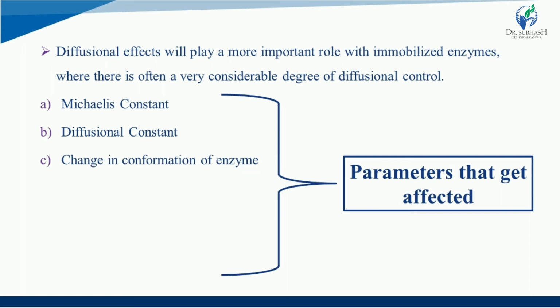Now, the change in conformation of the enzyme is again affected. As you know, the enzyme molecule and the interaction of the substrate with the enzyme are affected by steric hindrance, which usually leads to an increase in the value, and this can also be affected by the parameters we are seeing here right now. The maximum reaction velocity of the immobilized enzyme obtained was almost the same as that of the free enzyme.